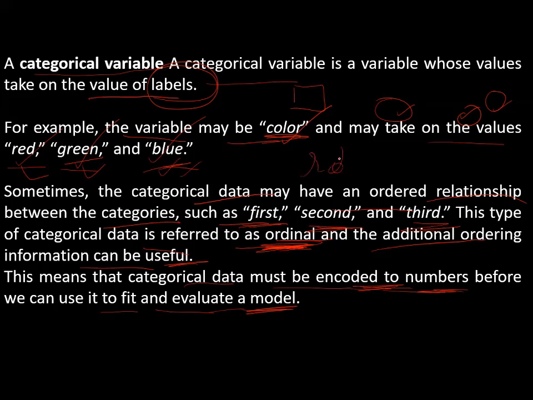All reds are given 1, all blues are given 2, all greens are given 3, all yellows are given 4, something like that. For each of them we should give a number. Then only they can be used for our model evaluation, so prepare the categorical data like that.